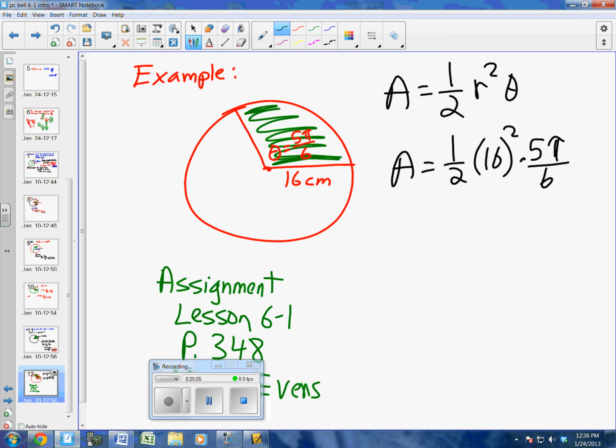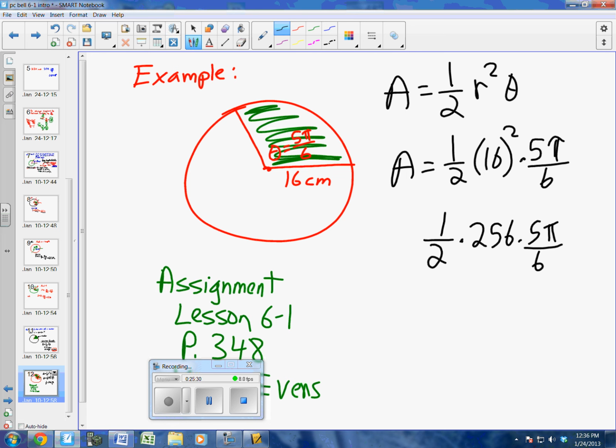Hey, by the way, order of operations. Can I divide 2 into 16, or do I have to square it first? I got to square it first, right? So 16 squared. Does anybody know what that is? 256. So it's going to be 1/2 times 256 times 5 pi over 6.